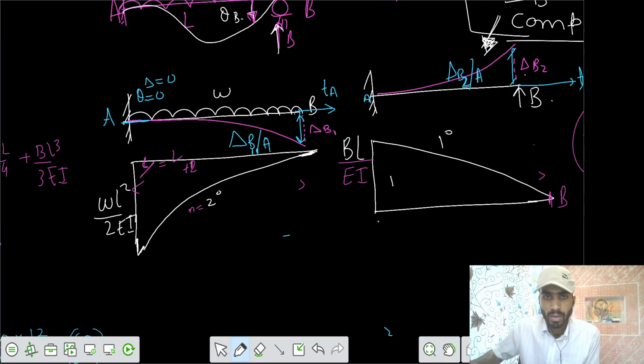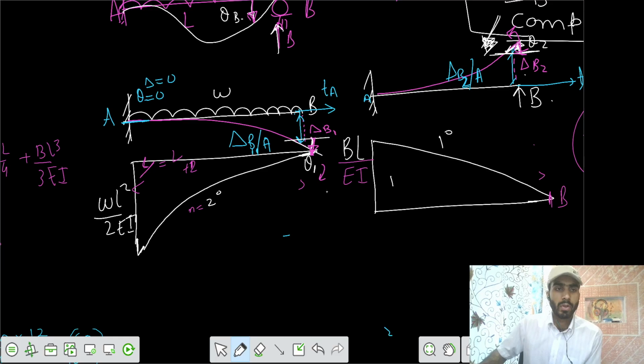Here the theta was some value, this was our theta 1, and the theta developed here is theta 2. The first theta was acting clockwise, theta 1 clockwise, but the next one was acting anti-clockwise, theta 2 anti-clockwise.